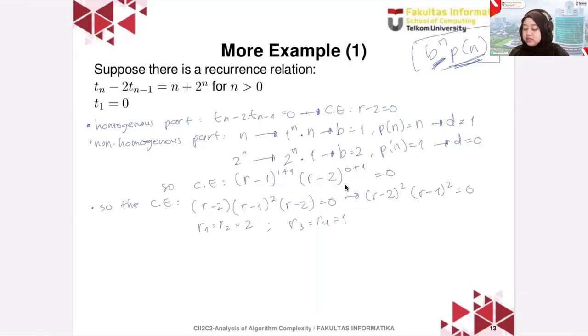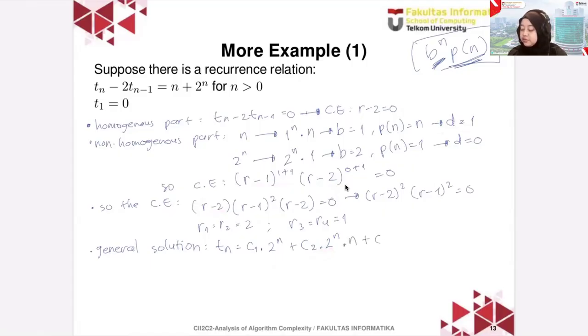So from here, the general solution will be Tn is equal to the first coefficient times the first solution 2 to the n, plus the second coefficient times the second solution. But because we use the same solution, we need to multiply it by n.